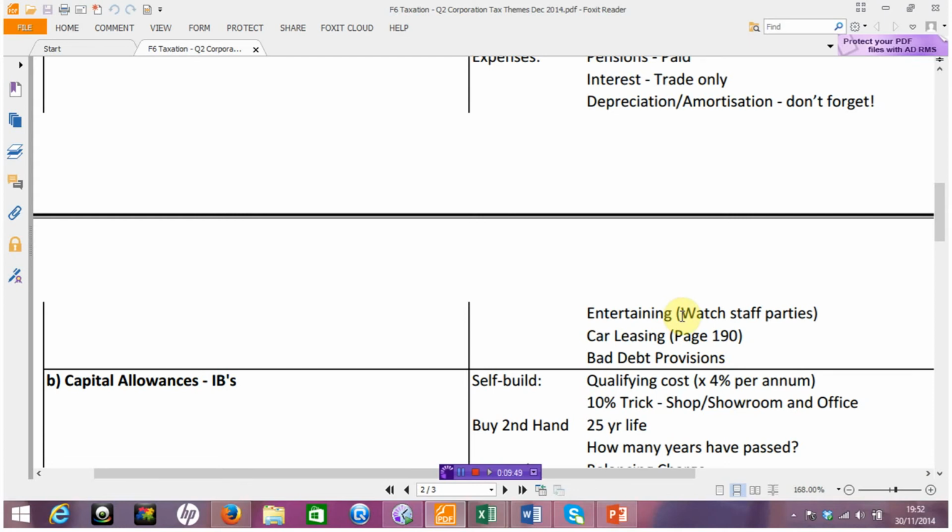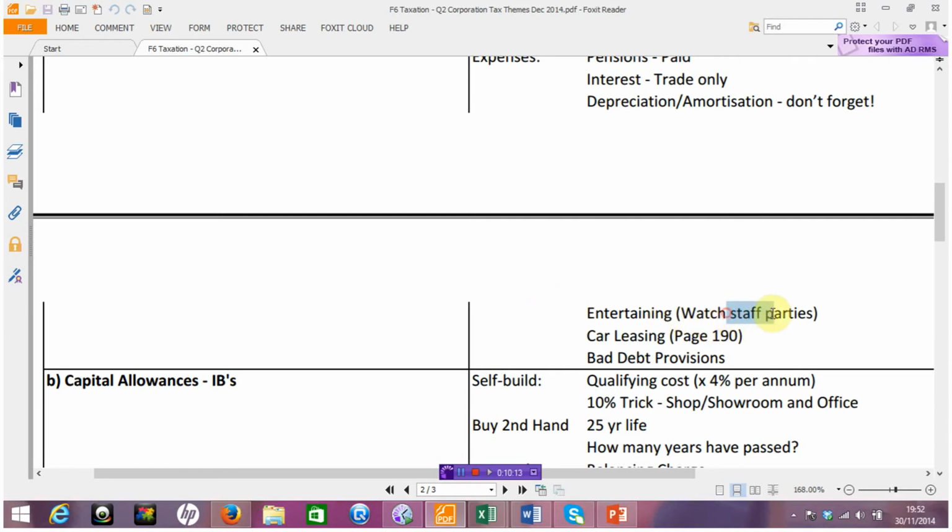Okay, moving down the page, entertaining. Again, a bit like pensions or perhaps depreciation, I would be very surprised if there's a CT add back question that doesn't include some form of entertaining. And our rule of thumb is that we're going to add it back, all of it. We're going to add back anything that smells or smacks of entertaining. But just watch out for this area here.